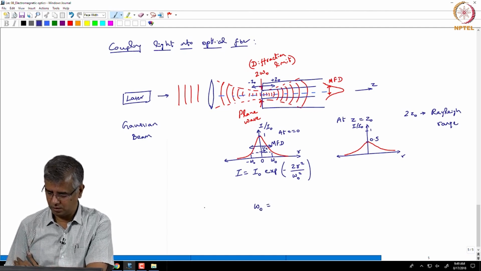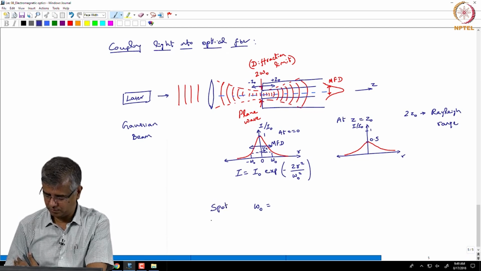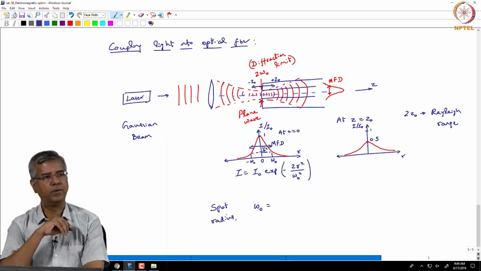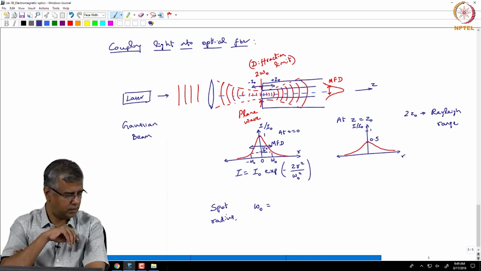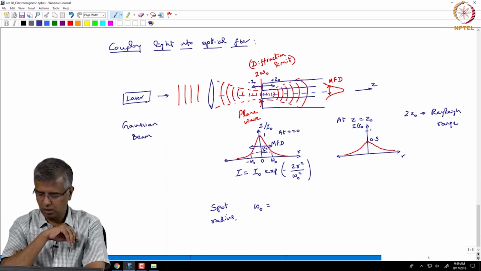If we go back to now defining W naught, the spot radius, that has a dependence on what?